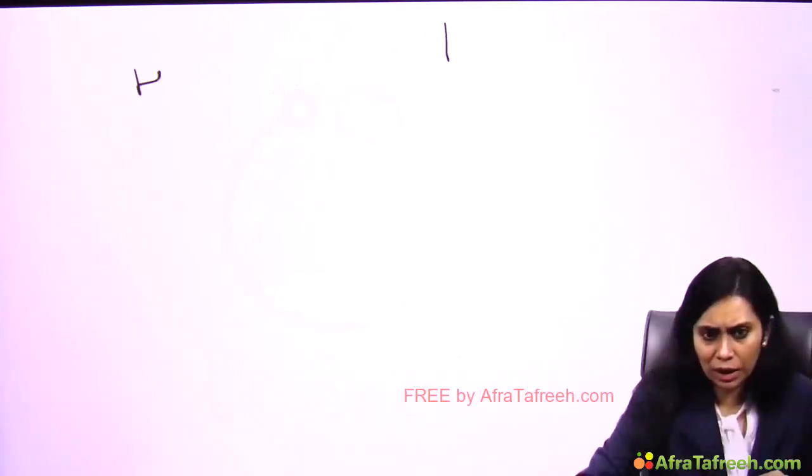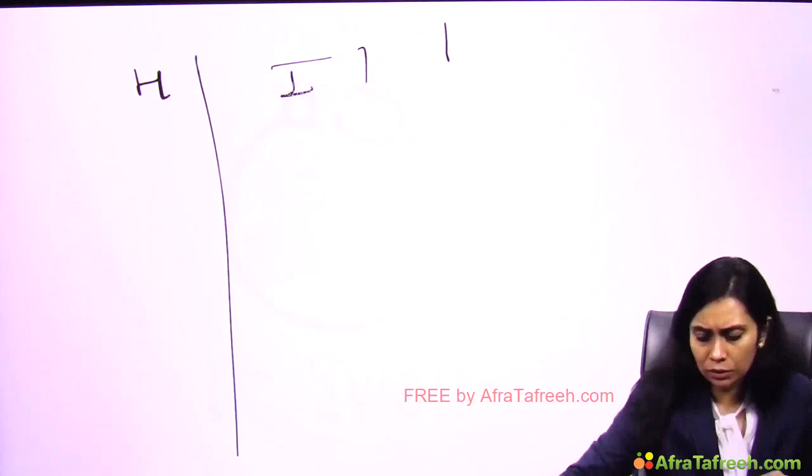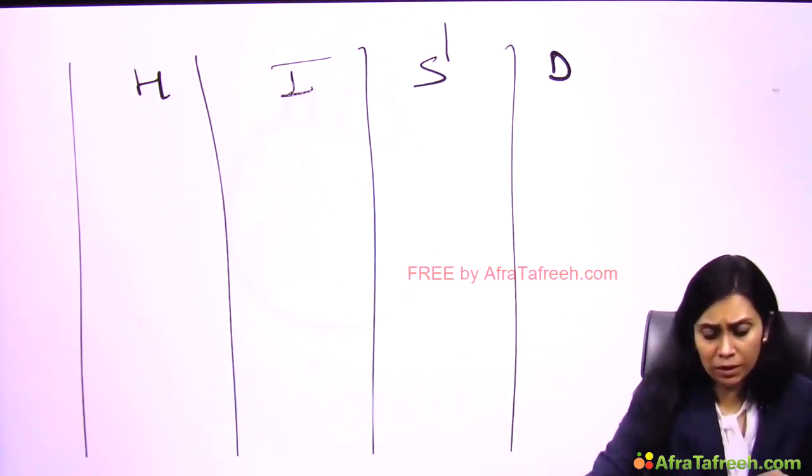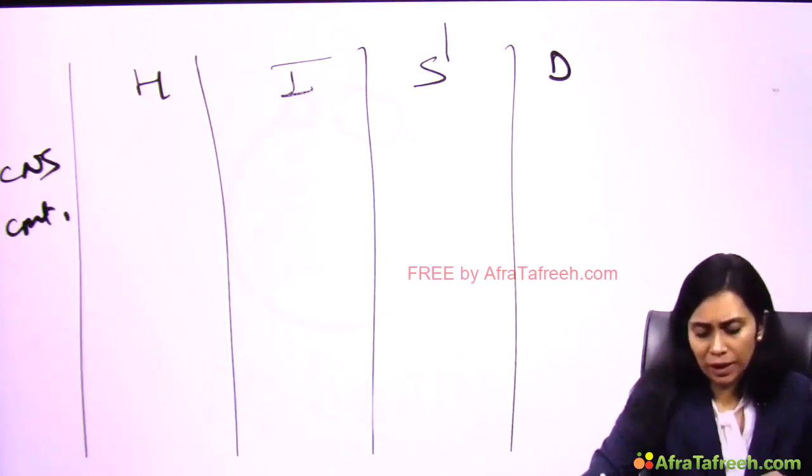Okay? Now further discussing the effect on central nervous system, please tell me what is EEG? So we are discussing halo, ISO, SEVO, DES, and we are continuing with central nervous system, CNS continued. Guys, what is EEG?